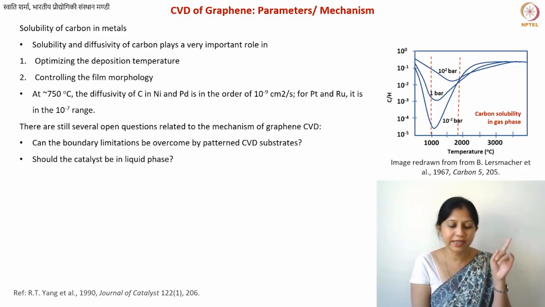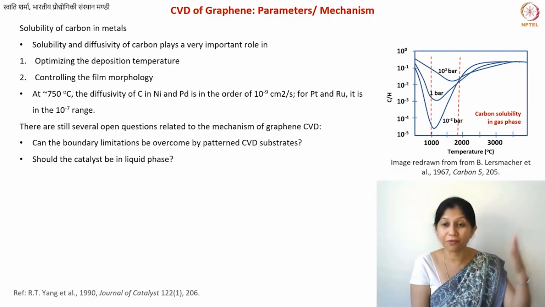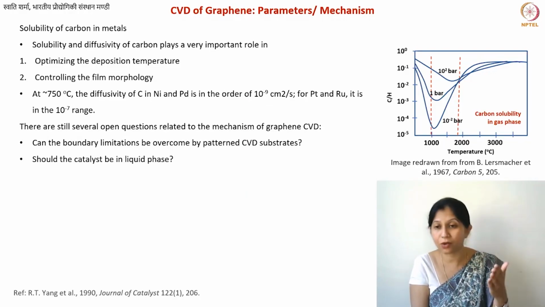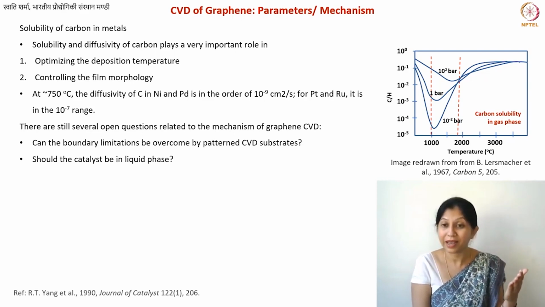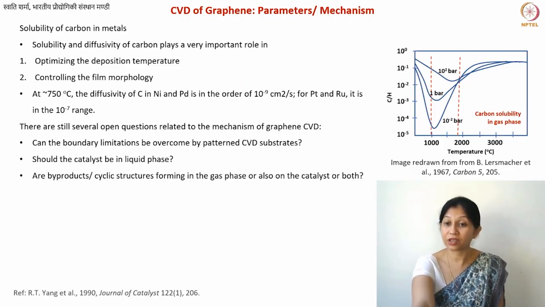So is that process different from what you would have in a completely solid case, where your CVD temperature is way lower than your melting point? In that case, is there any difference? So that's also one interesting question that can tell us about the mechanism of CVD. Okay.